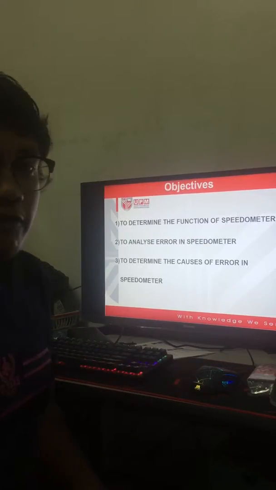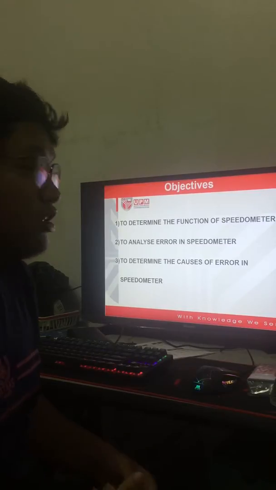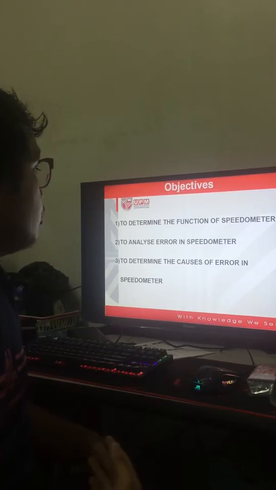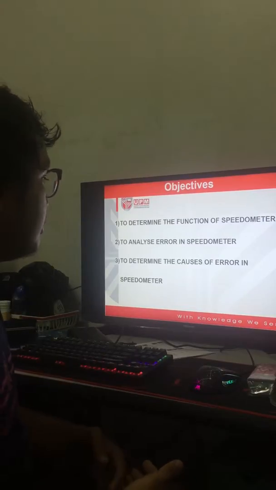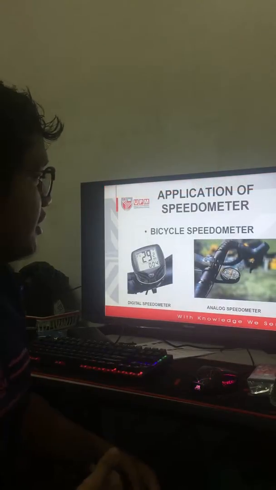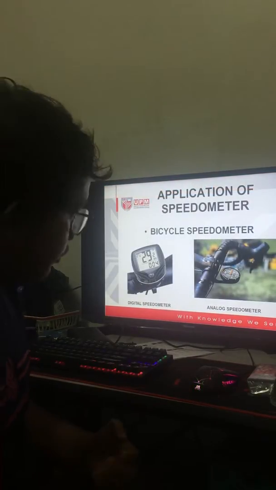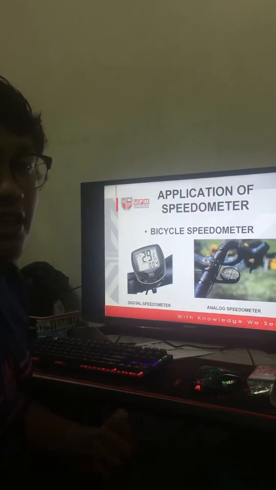The objectives of our presentation are to determine the function of the speedometer, to analyze error in the speedometer, and to determine the causes of error in the speedometer. As you can see, we're going to present about the application of the bicycle speedometer.